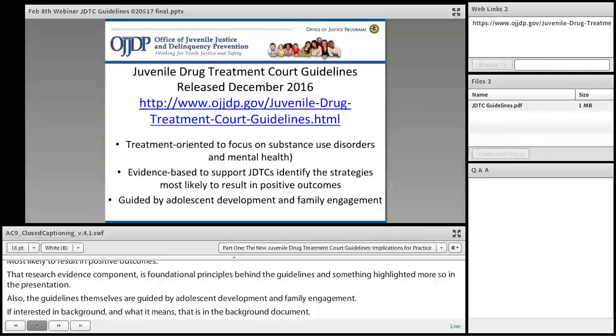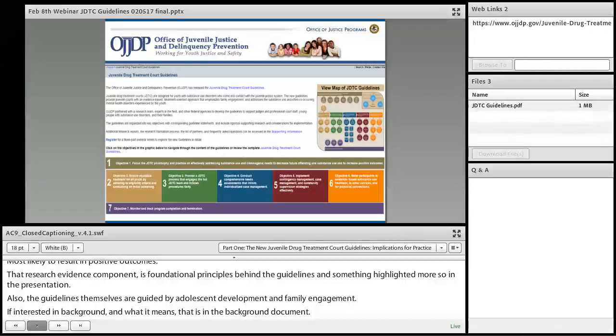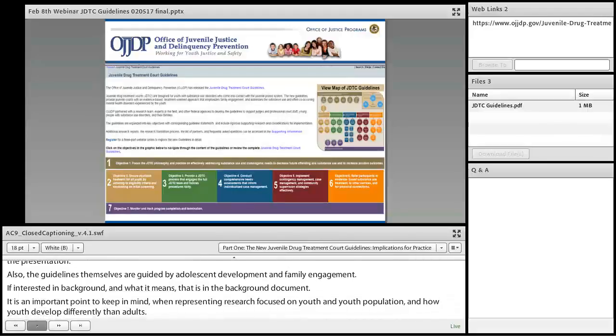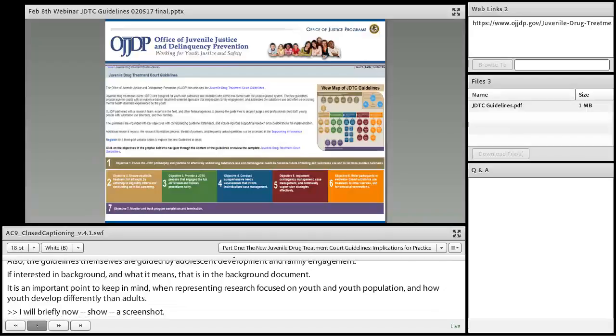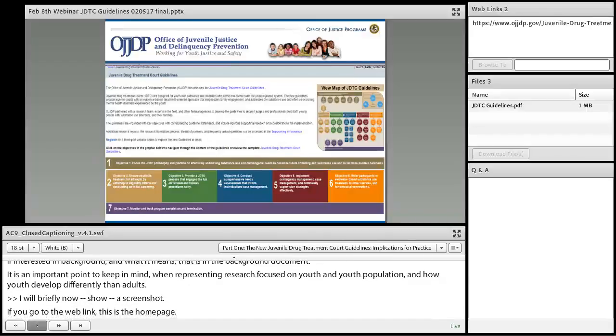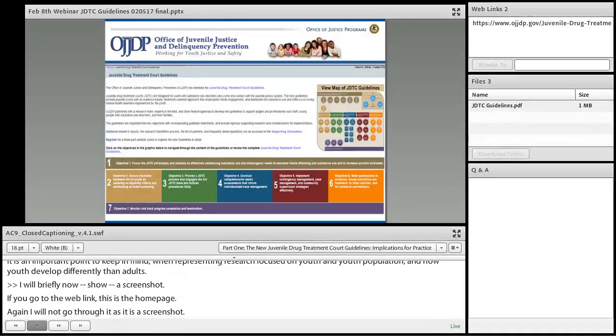I will briefly show a screenshot. If you go to the link that's in the web links here, this is your home page, so I'm not going to go through it. It's just a screenshot. I will say the manuscript, the whole book, like Jessica said, is available on the website, and these colorful blocks are interactive.